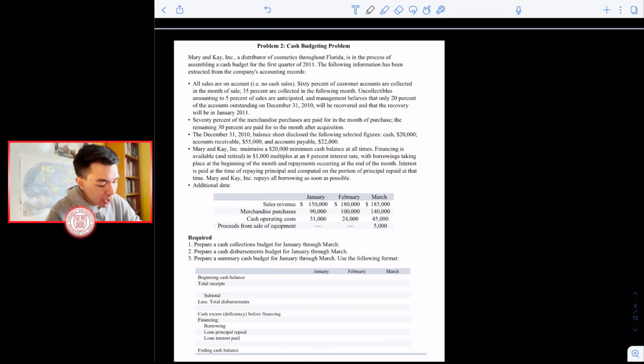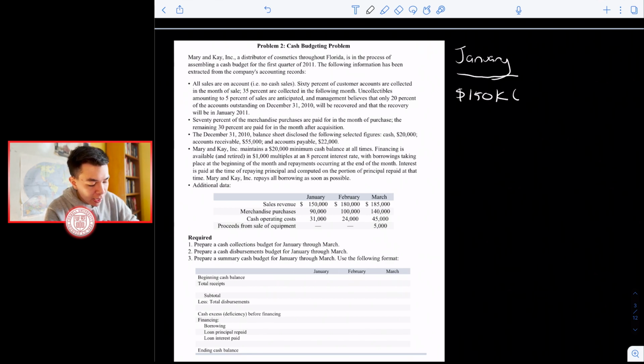So I'm going to do January first. So we know that in January we had $150,000 worth of sales, but remember, we only collect 60% of that immediately. So I got to multiply this by 0.6 because we're not trying to calculate sales right now, we're trying to figure out cash collections, which is when we physically have the cash, so we can mark it down in January.